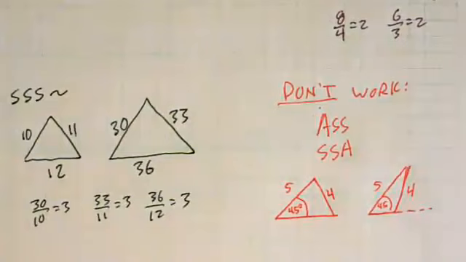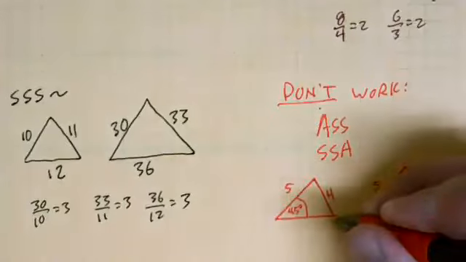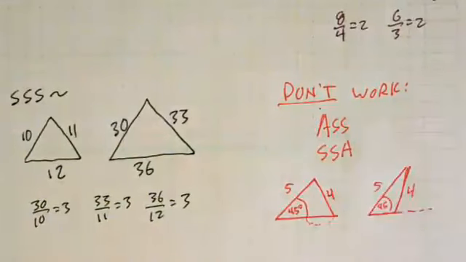So those triangles have ASS or SSA, but they are clearly not the same shape, right? You get how that works? This kind of swings over. It ends up over there. So that's an example of why we cannot do it. So SSA, ASS, we stay away from.